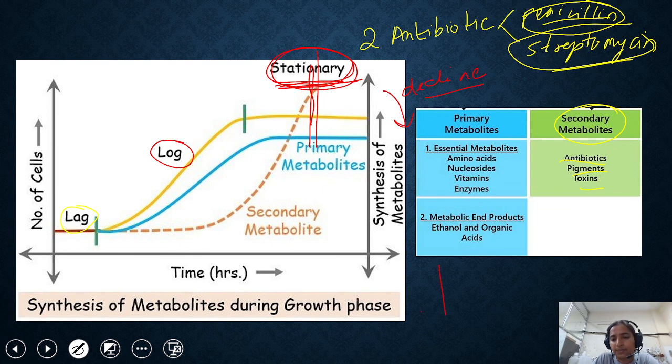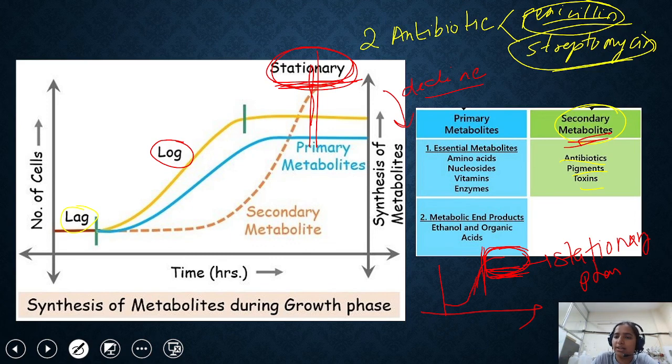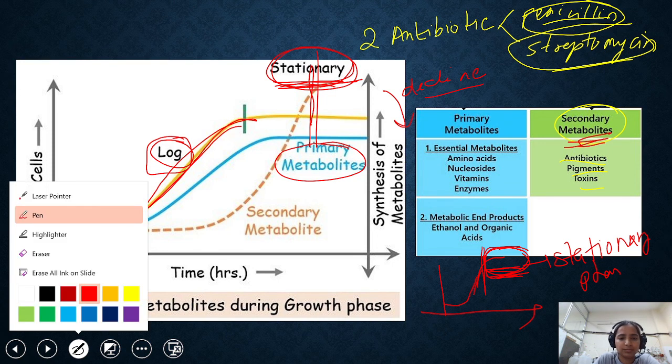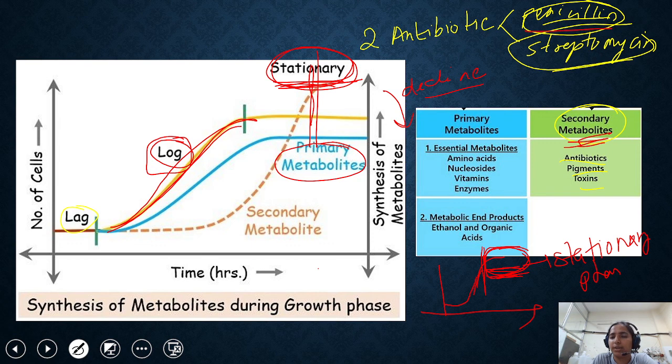Suppose the microorganisms start growing and grow at an exponential phase, then after a little bit of saturation the stationary phase comes. The compounds released during this stationary phase, when they are living in a strained condition, are called secondary metabolites. The compounds produced especially at the log phase, the growth phase, are called primary metabolites. Both penicillin and streptomycin are secondary metabolites.